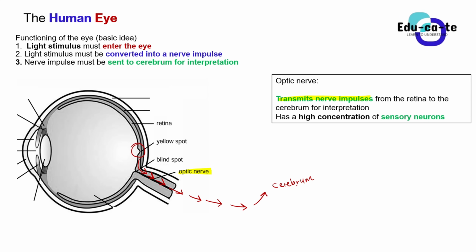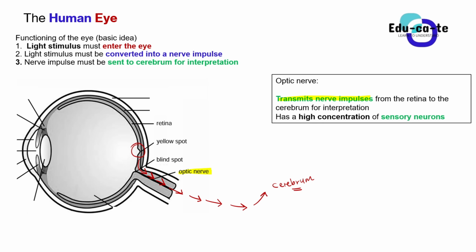Remember, at the cerebrum, that's where all the senses are interpreted. So that's where you will be able to see. When you're actually seeing an image, you are not using your eyes to see. The brain is the one interpreting the image in front of your eyes.